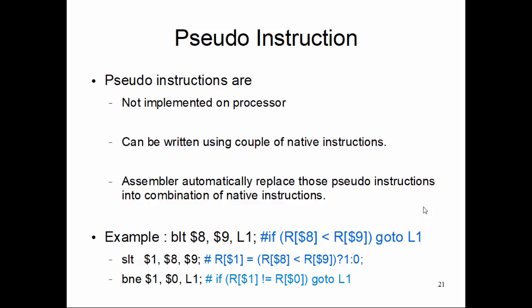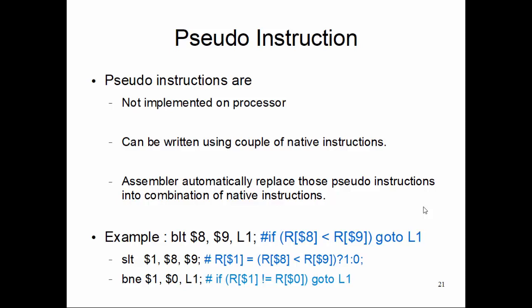Now about the pseudo instruction. Pseudo instructions are instructions provided by assemblers. They look like processor native instructions, but are not really implemented on the processor. The processor only supports, let's say, 60 or 70 different instructions, which are the basic instructions.